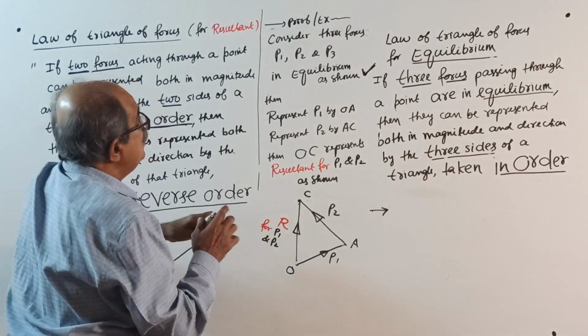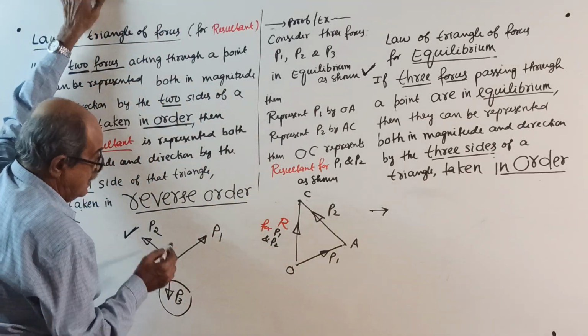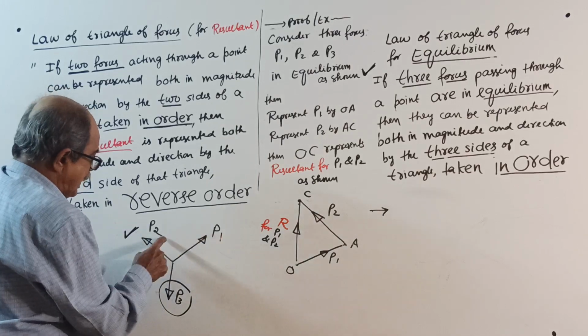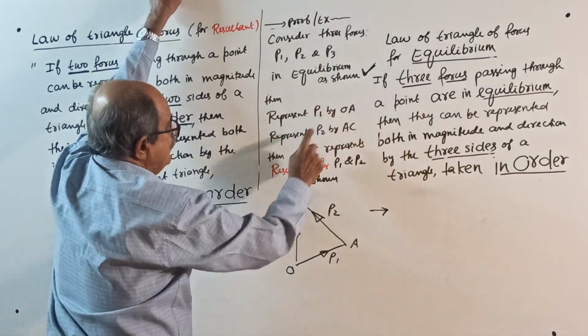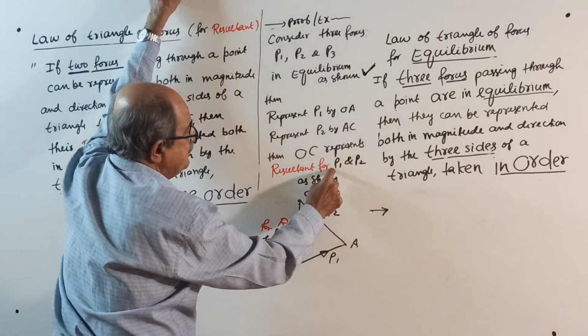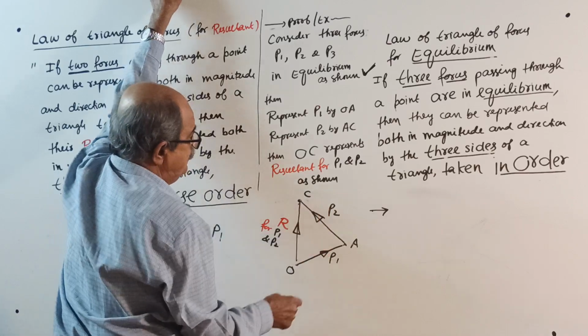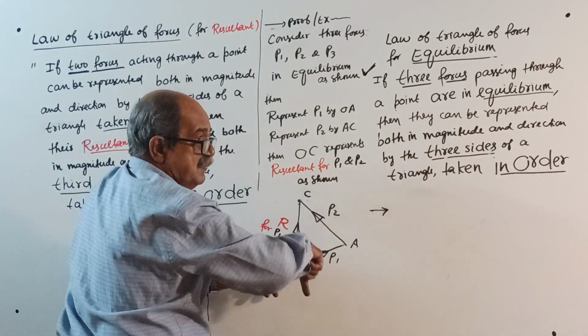Now, do one thing. Right now, forget about P3. Consider only P1 and P2. Then OC represents the resultant for P1 and P2. P1, P2, reverse order.